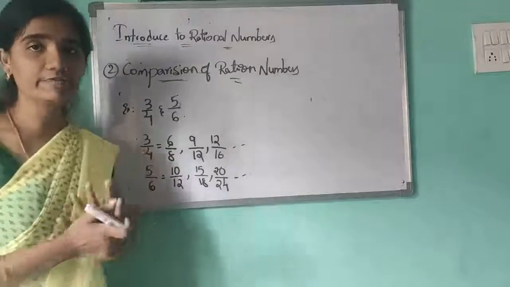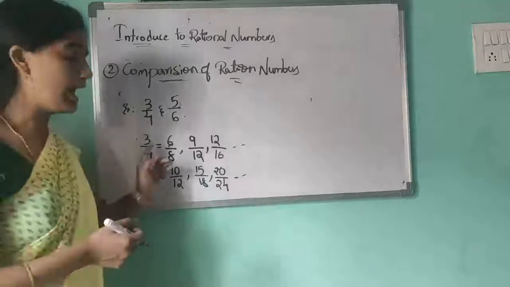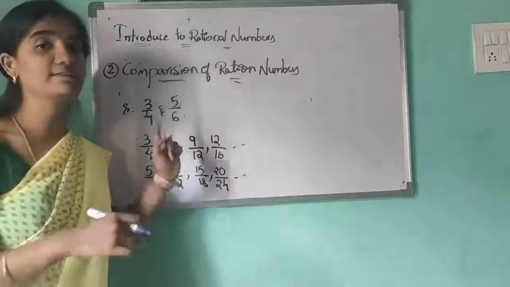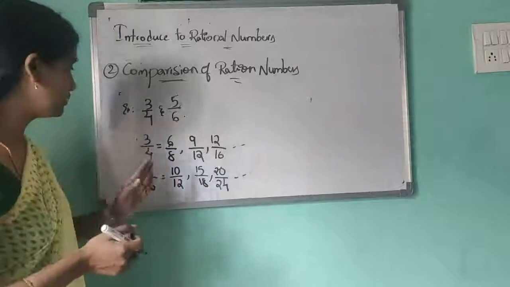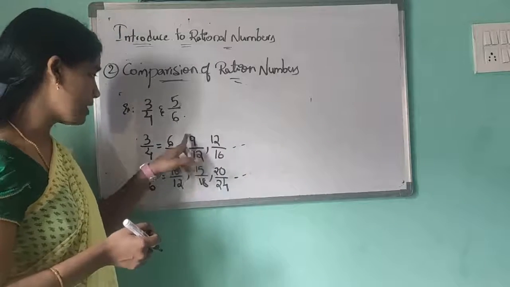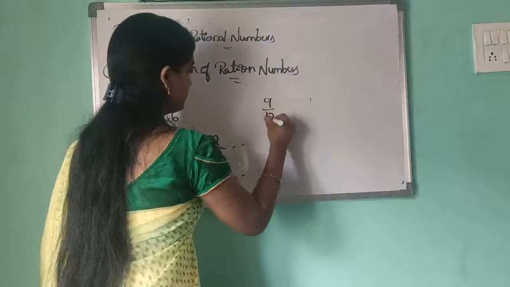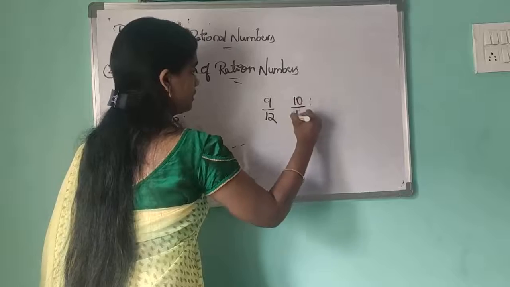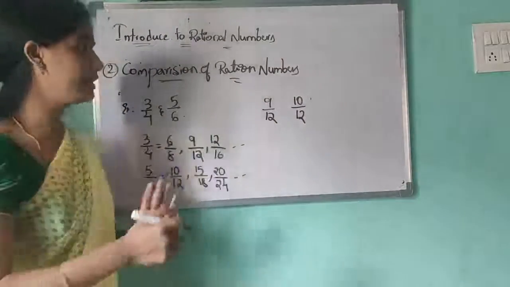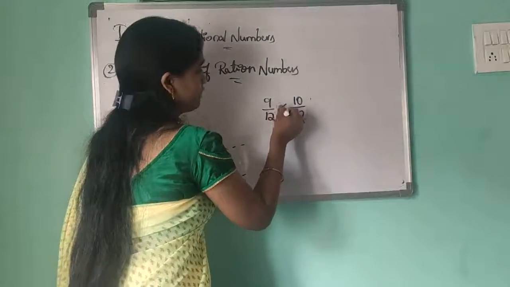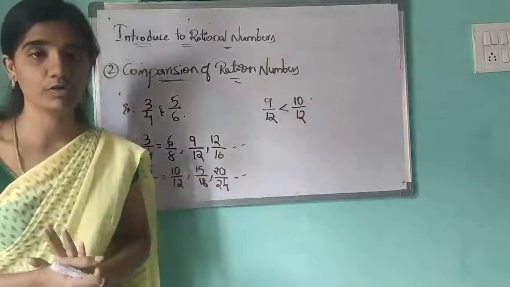Let us check for the same denominator among all the fractions: 9 by 12 and 10 by 12. When comparing these two, 10 by 12 is greater. So 9 by 12 is less than 10 by 12.